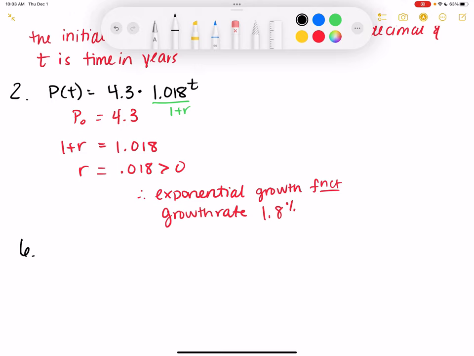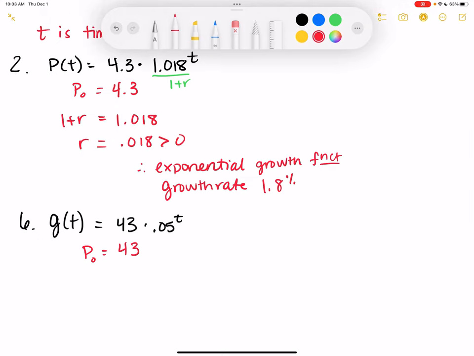All right, number 6. They call it G of T. Doesn't really matter, but G of T is equal to 43 times 0.05 raised to the T. So what's my P0? 43. So my initial population is 43. To find my R, I have to do 1 plus R is equal to 0.05.